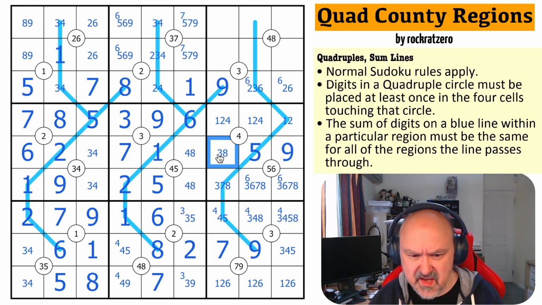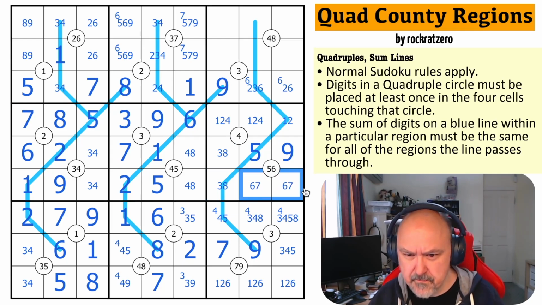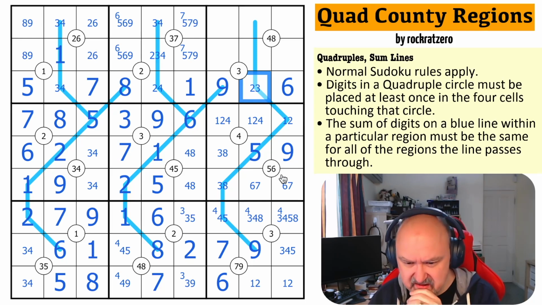There's no 7 there. This is a 6, 7 pair. 6s are there and there. So these are not 6. This is the 6. This is a 1, 2 pair, giving me a 1, 2 pair in the column, meaning that's 6. That is not the 6. Okay, now I'm starting to get somewhere.